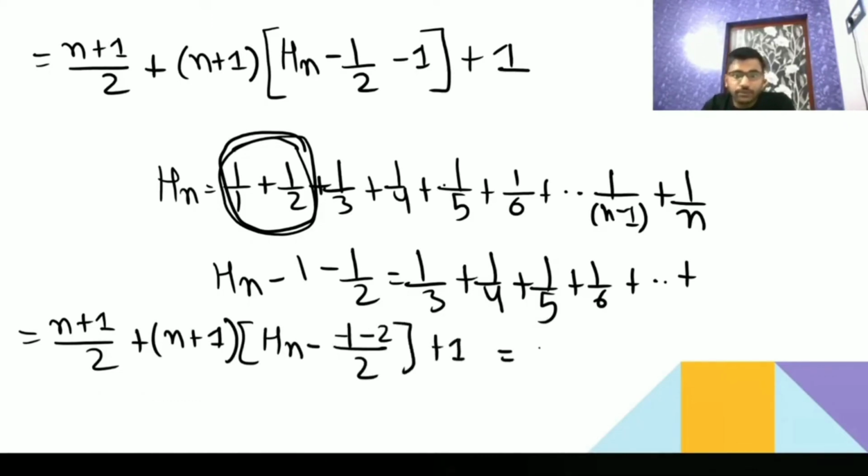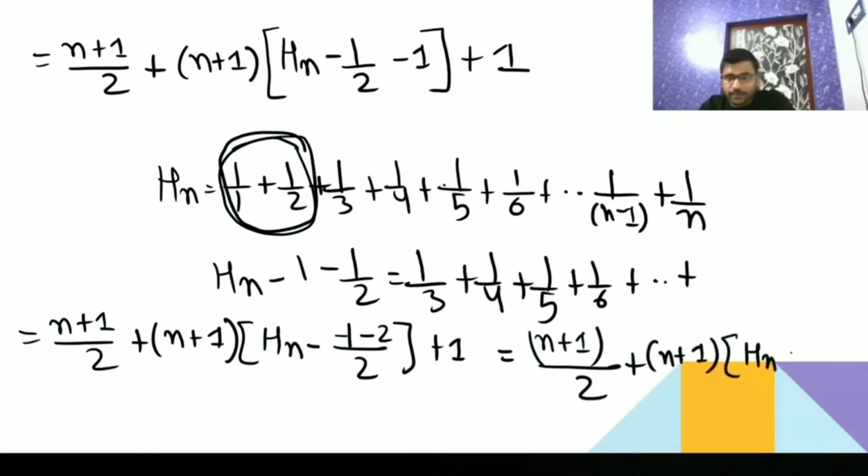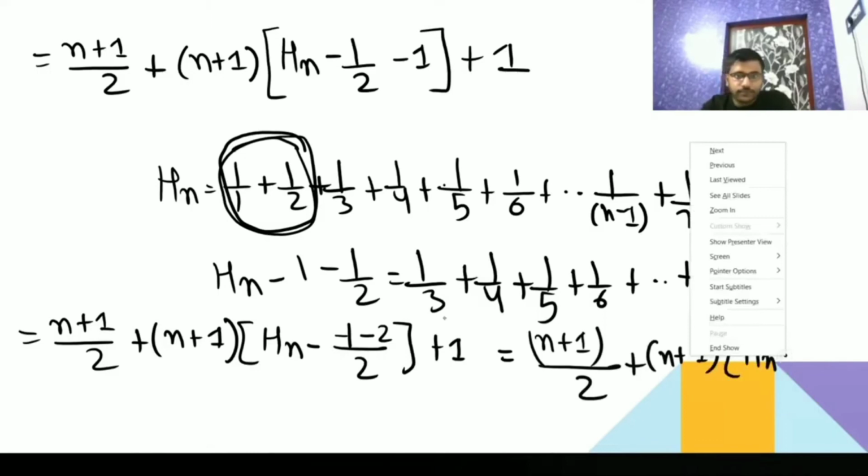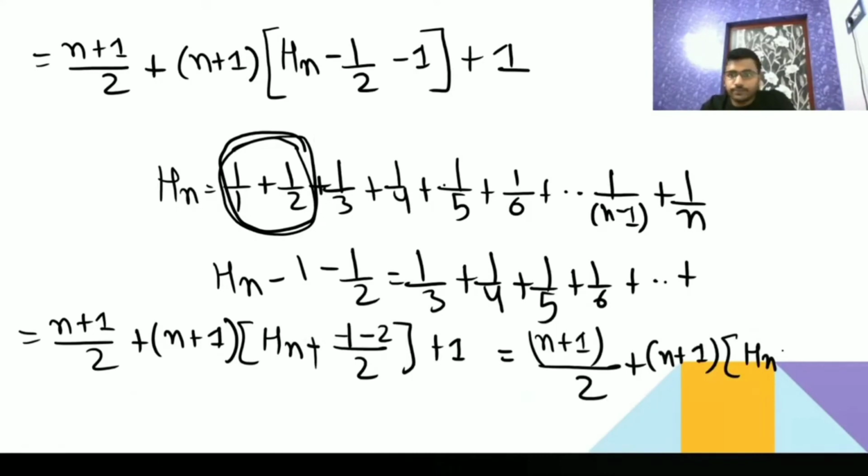So if you solve this, then again you are getting (n+1)/2 plus (n+1)/Hn minus 3/2 plus 1.